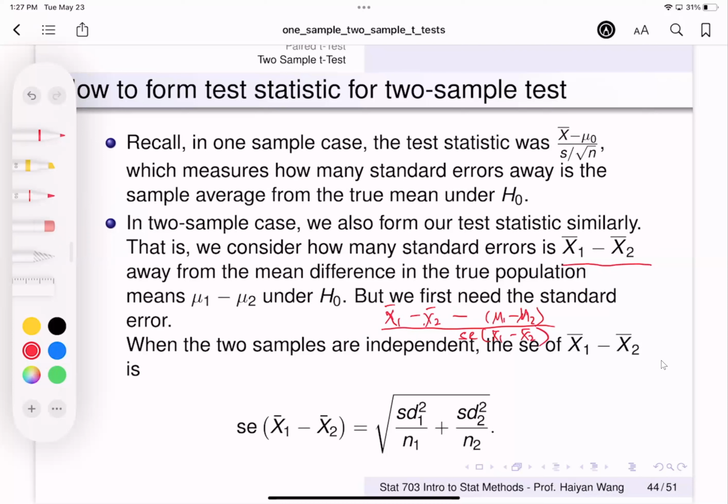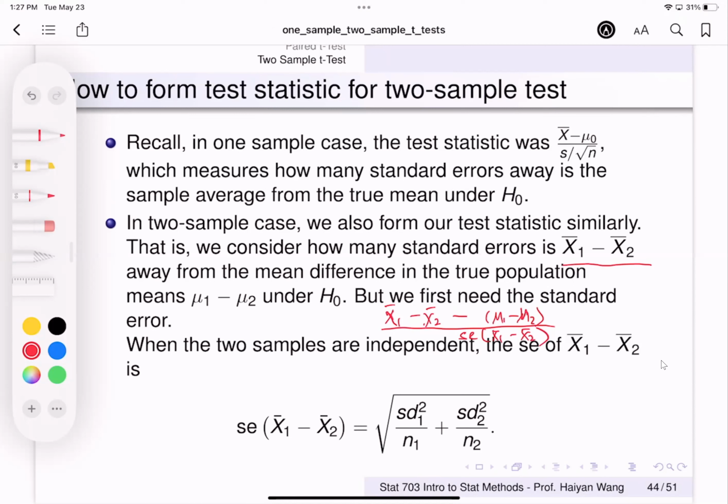For this case, because the two populations are independently sampled, the standard error is the square root of the variance of x1 bar plus the variance of x2 bar. That will give us the standard error.